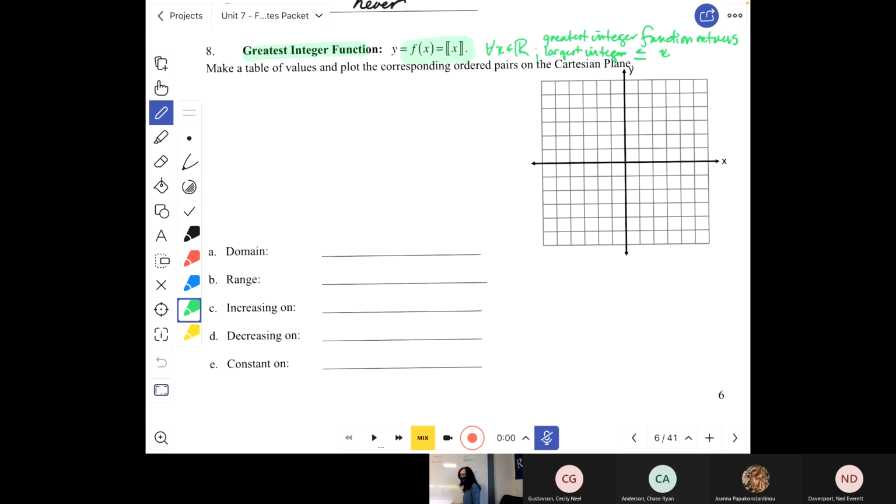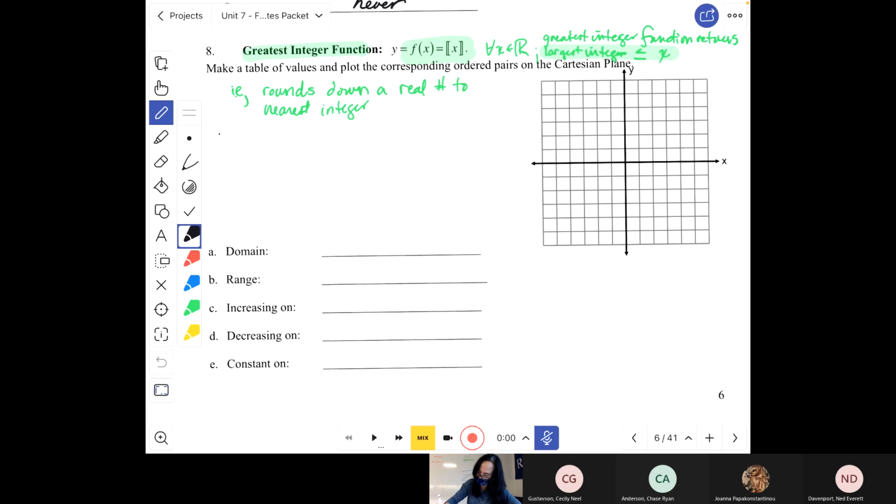In other words, the output is the largest integer less than or equal to that input. Oh my gosh, what does that mean? Well, in other words, what you're really doing is rounding down. So the greatest integer function rounds down a real number to the nearest integer. Let's do a few.